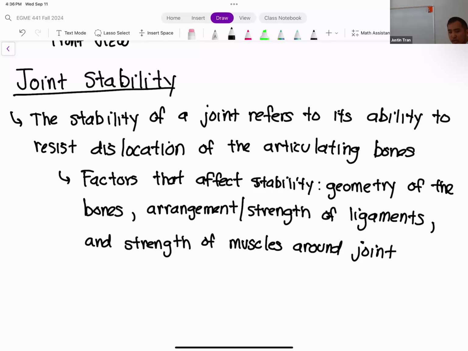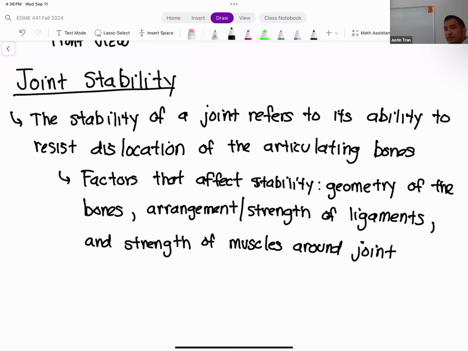A lot of times these muscles have the secondary role of pushing the joints close to each other, and that adds stability to the joints. Generally speaking, if you're relatively physically active and your muscles are in good shape, that only adds to your joint stability.